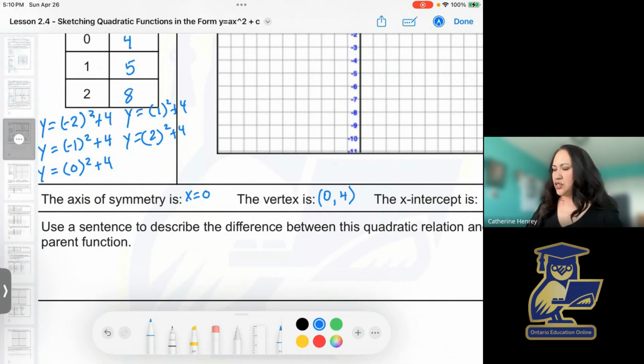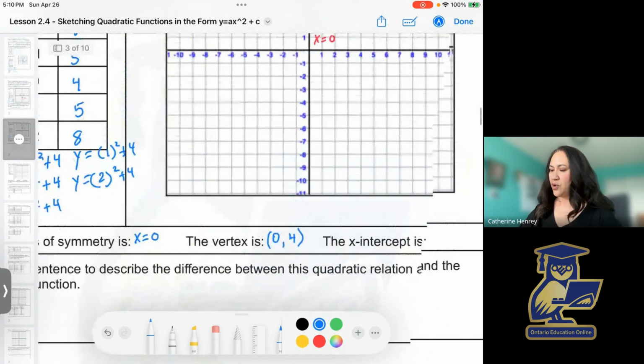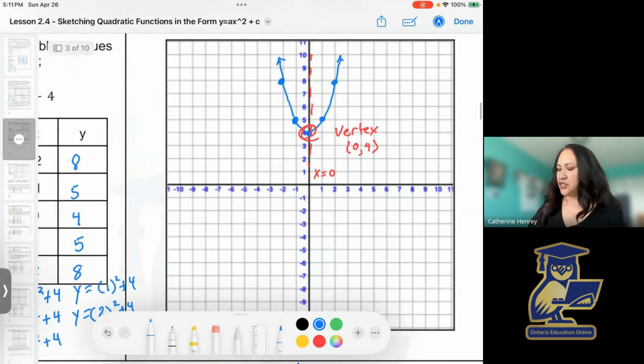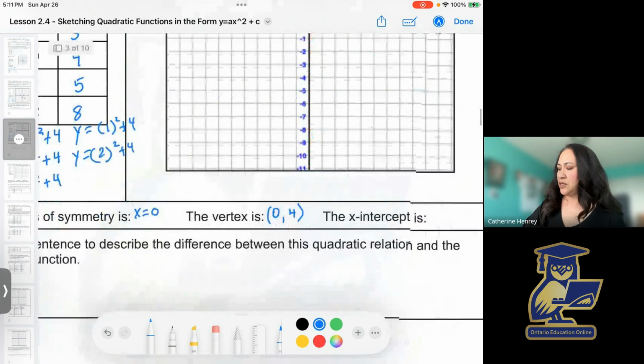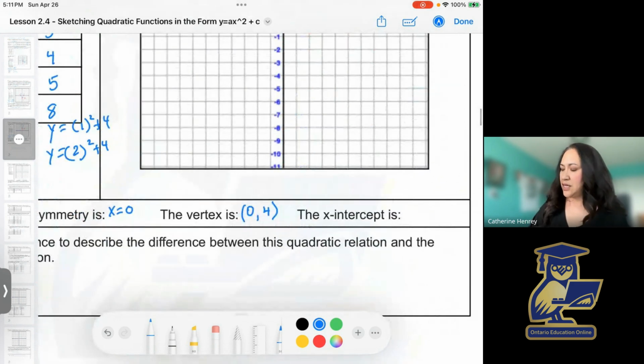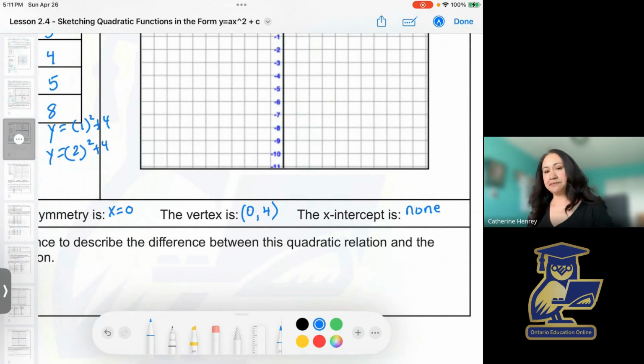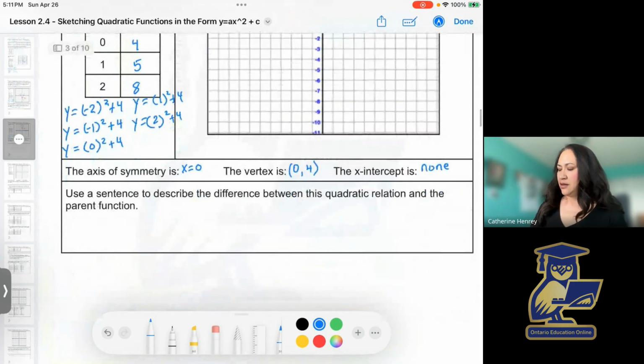And for the x-intercepts, if you notice on this quadratic, it never touches the x-axis. So in this situation, we just say there are none. No x-intercepts. And so how do we describe this? This is a shift up 4 units.